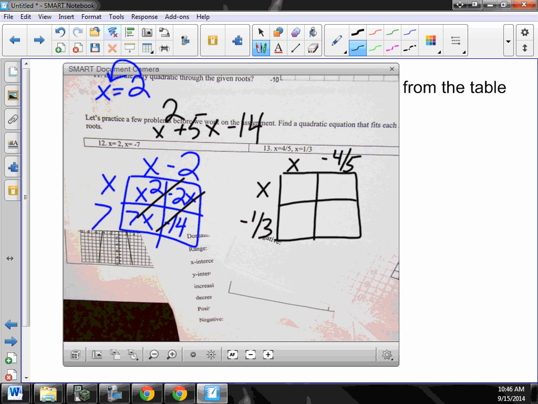Okay? X times x is x squared. X times negative 4/5 is just negative 4/5 x. X times negative 1/3 is negative 1/3 x. And then negative 4/5 and negative 1/3.